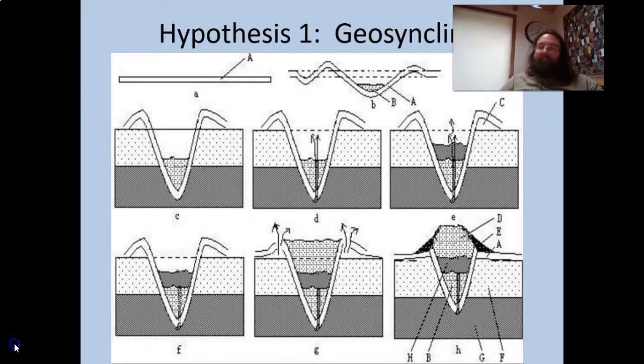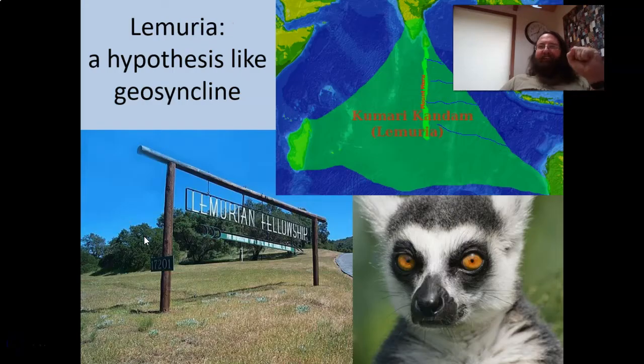But my favorite legend is not the legend of Atlantis, but the legend of Lemuria. Yes, there are lemurs on Madagascar. You've probably seen some cute Disney Pixar movies about this. And there are fossil lemurs in South India and Sri Lanka. And we know there are some large plateaus in the Indian Ocean.